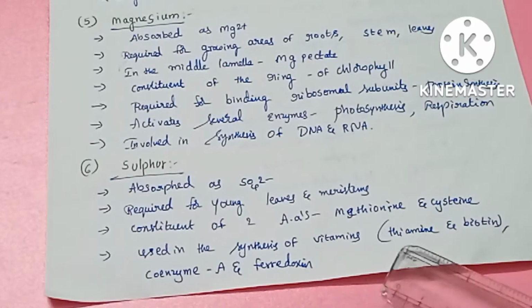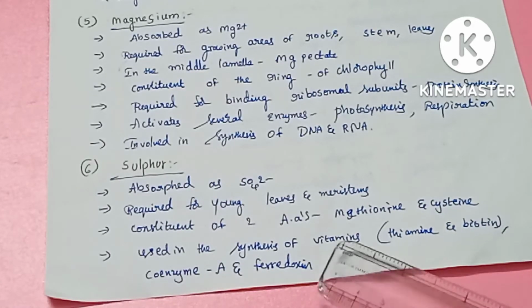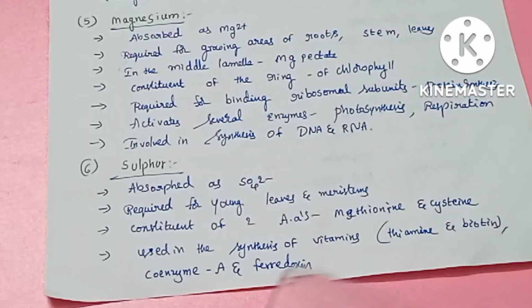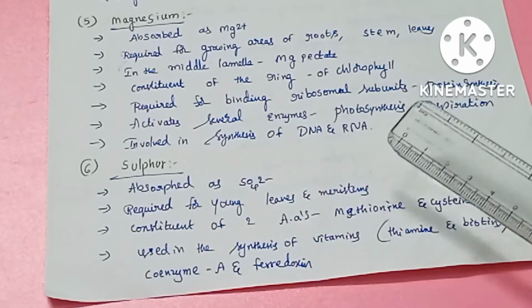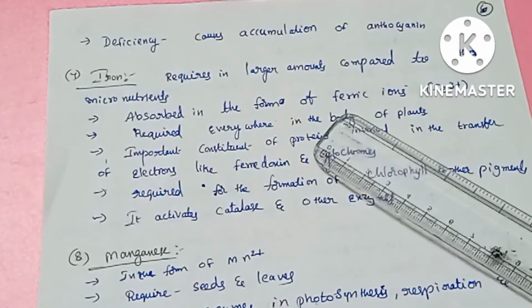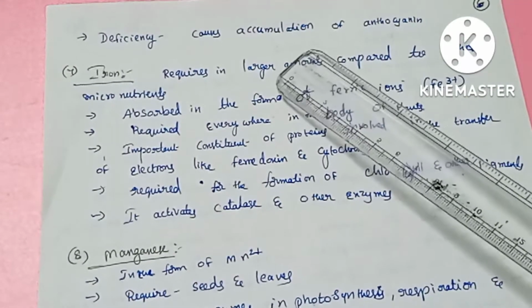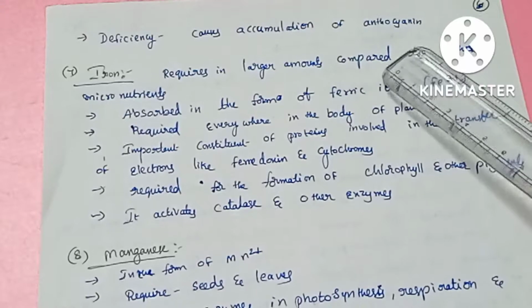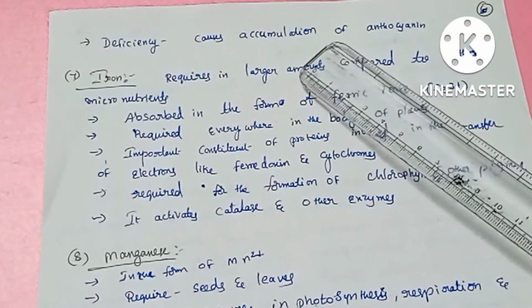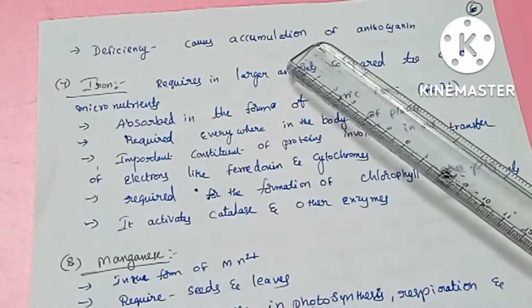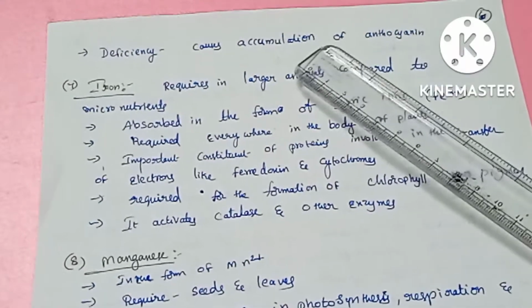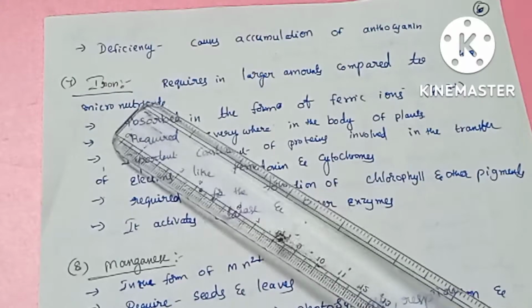And several vitamins also, like thiamine, biotin, coenzyme A, and pyridoxine, consist of sulfur. So the deficiency of sulfur causes accumulation of the pigment anthocyanin. Anthocyanin is a purple color pigment. Because of the deficiency of sulfur, there is accumulation of this purple color pigment anthocyanin.